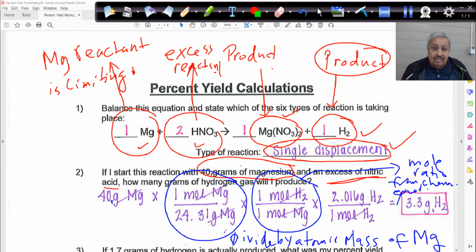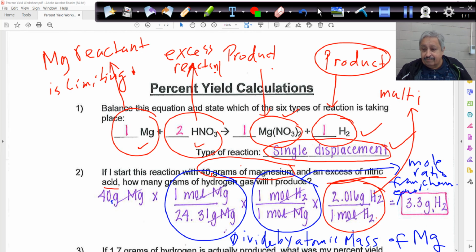And then the last one here, I have to multiply by the atomic mass of hydrogen. This is the product.